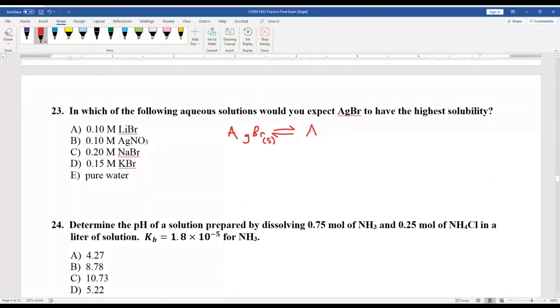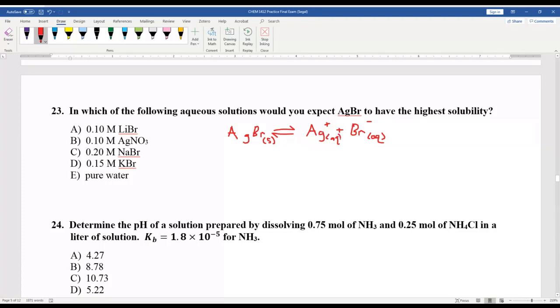So the solubility equilibrium here is solid AgBr is going to split into Ag+ and Br-. These are aqueous. Okay, so in which of the following solutions would you expect AgBr to have the highest solubility?